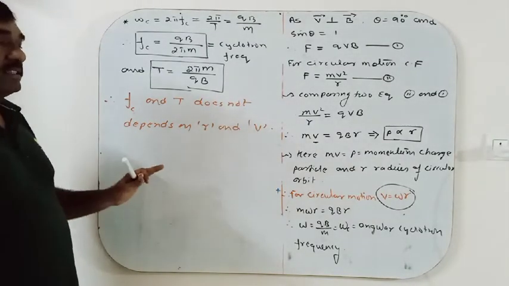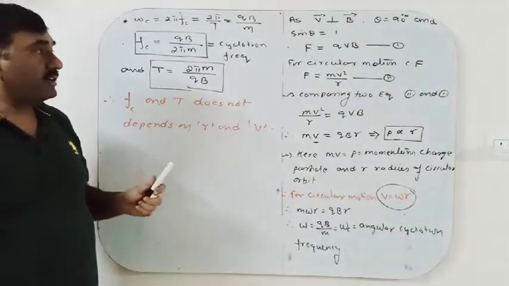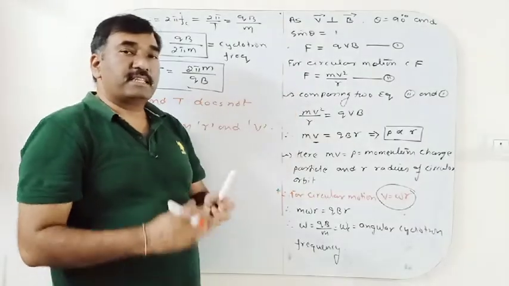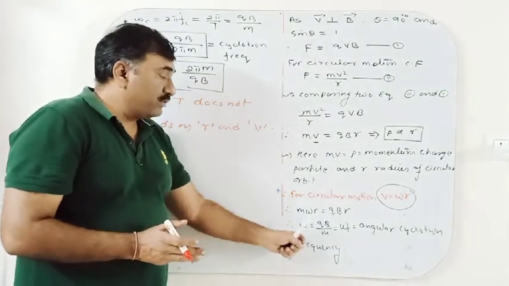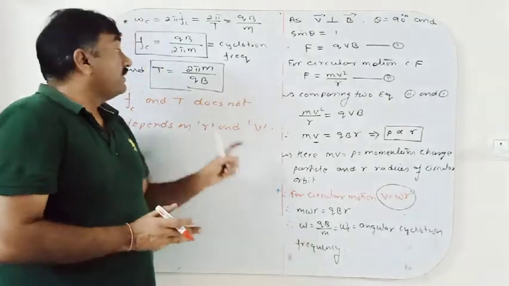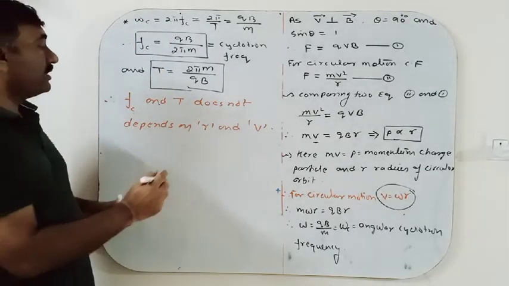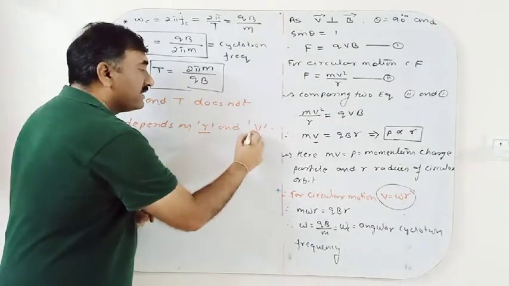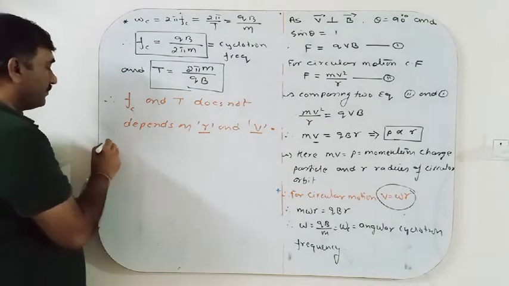So the cyclotron is a device which is used to accelerate charged particles, and when a charged particle enters into the magnetic field, we know that it experiences a force by which it performs circular motion. The angular frequency, the cyclotron frequency and the time period do not depend on the orbital radius and the linear velocity. And what is the kinetic energy?